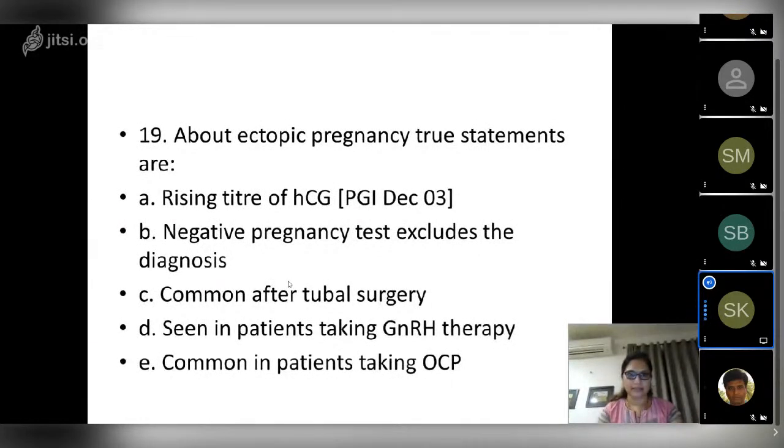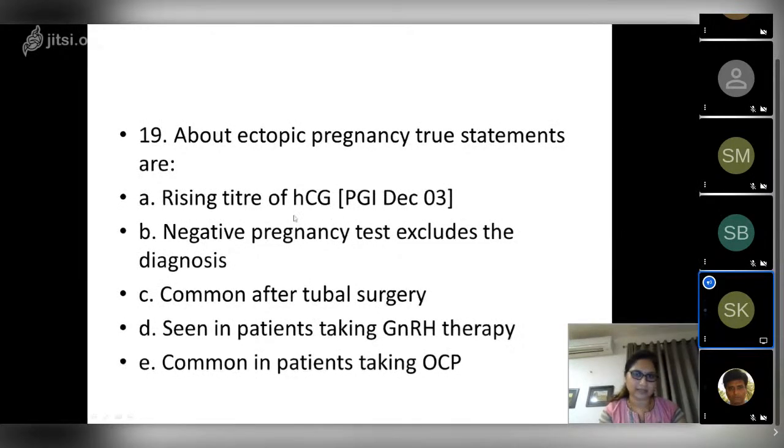What about A, rising titer of HCG? Will there be a rising titer of HCG in ectopic pregnancy? See, the statement is important here. You have to remember that they have just asked rising titer of HCG. They have not asked doubling titers of HCG.